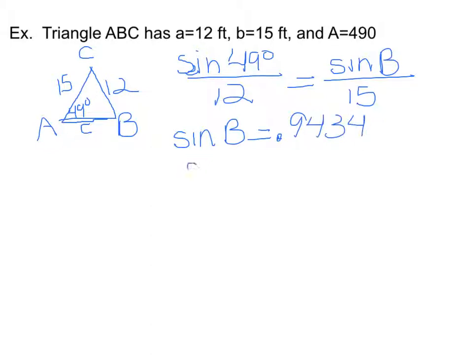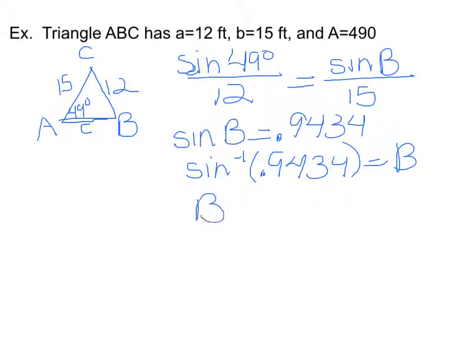Then I'm going to do the inverse sine, because that's obviously not an angle measure, that's the sine value of angle B. And so I find that angle B equals 70.628 degrees.